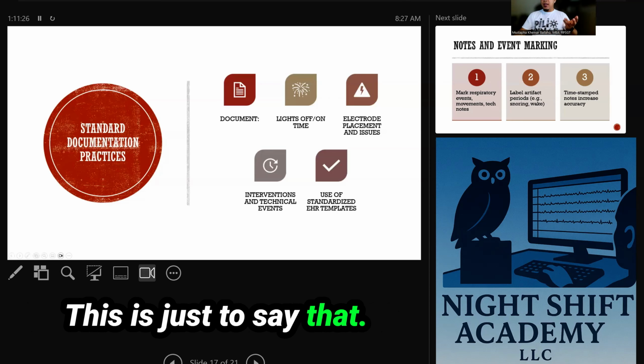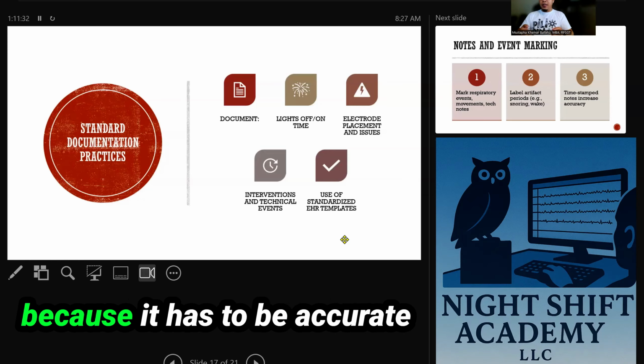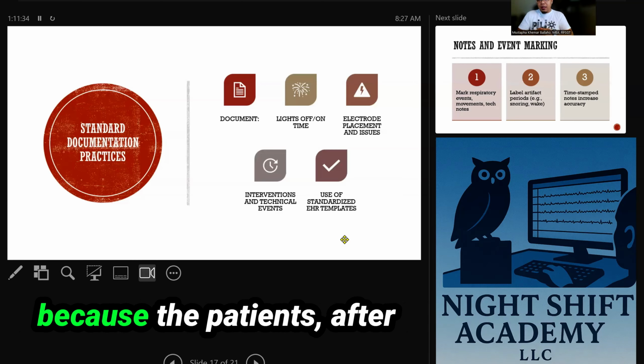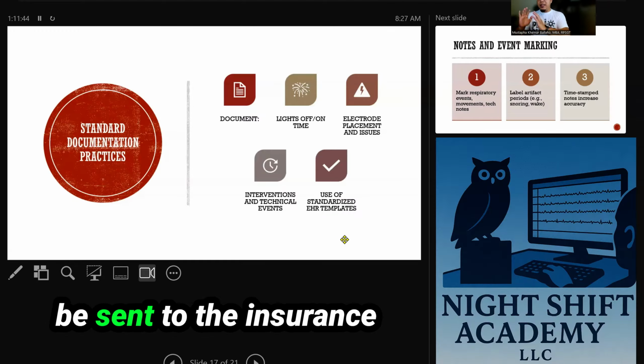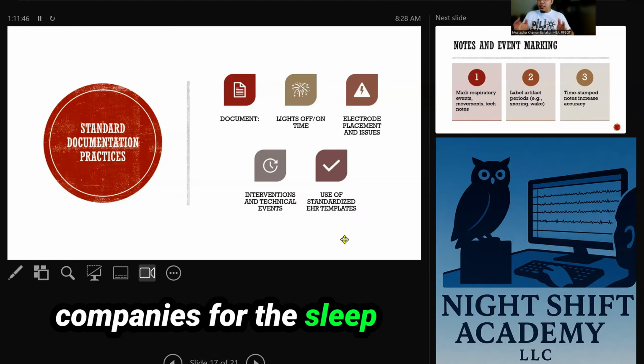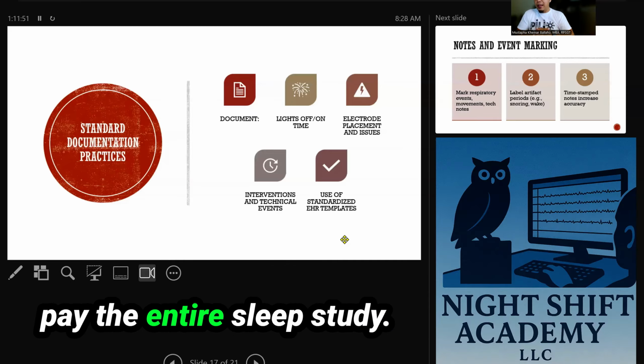This is just to say that you have to be aware when you input information, because it has to be accurate. After patients are seen in the sleep lab, these activities and procedures will be sent to the insurance companies for the sleep study to be paid for. It's not the patients that pay for the entire sleep study.